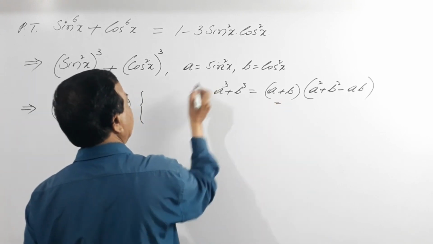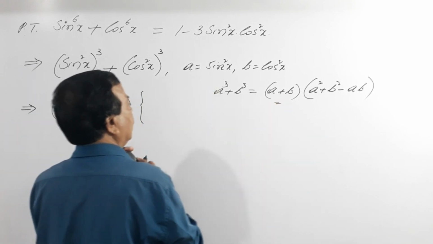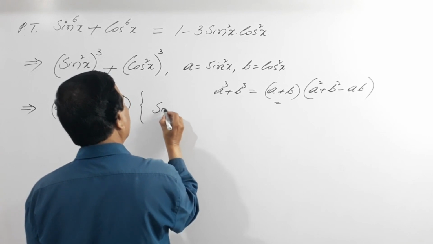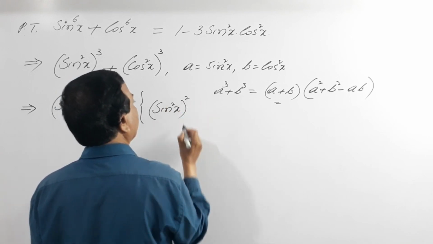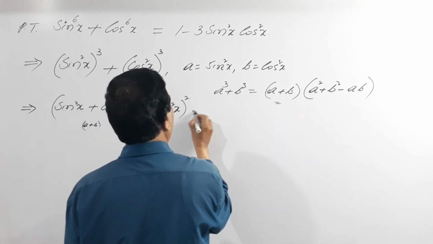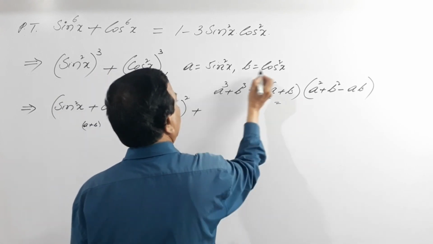A square is nothing but sin square x the whole square, plus b square.